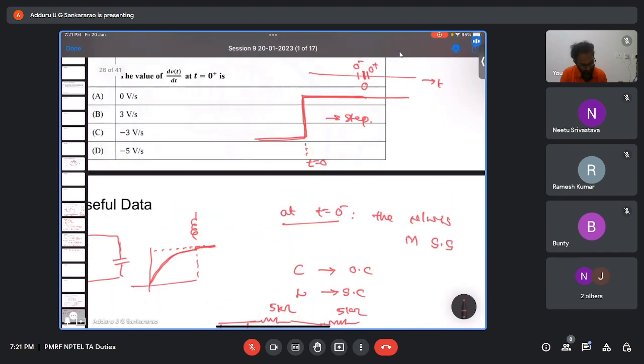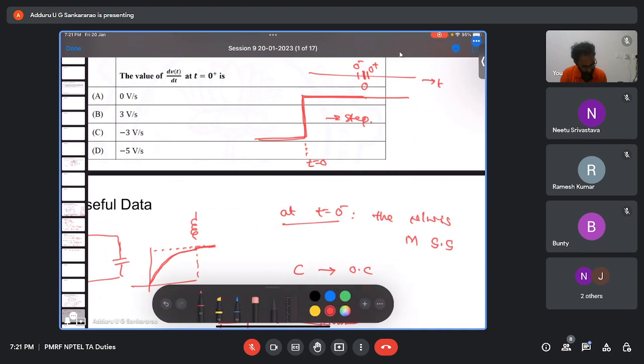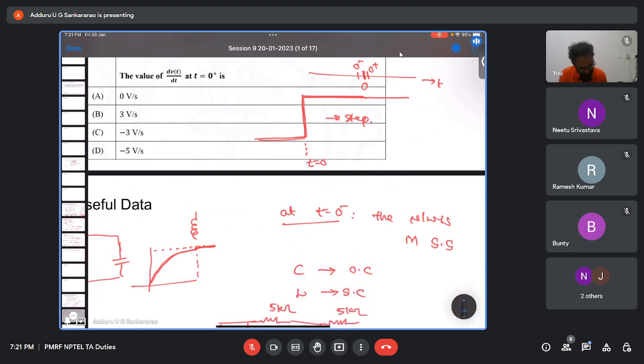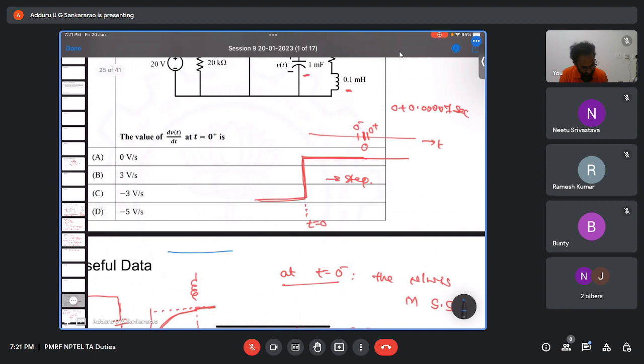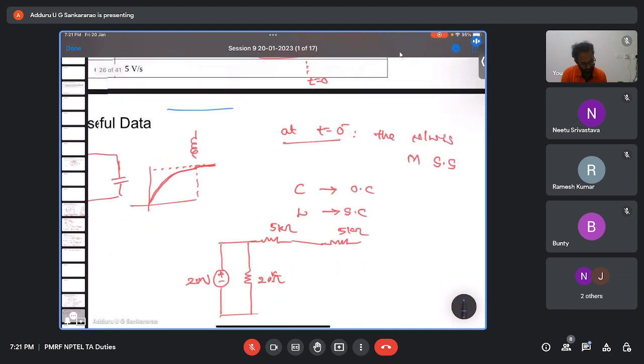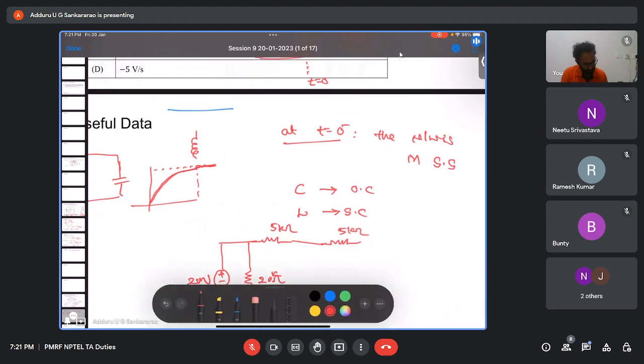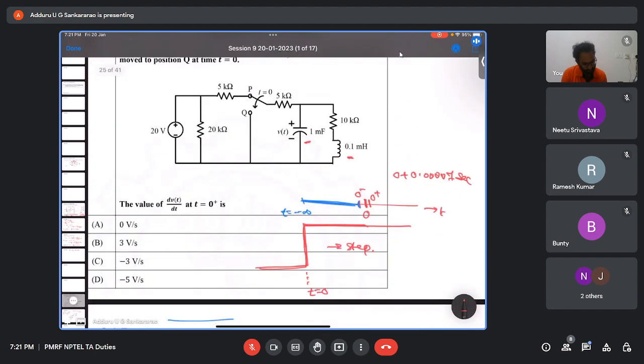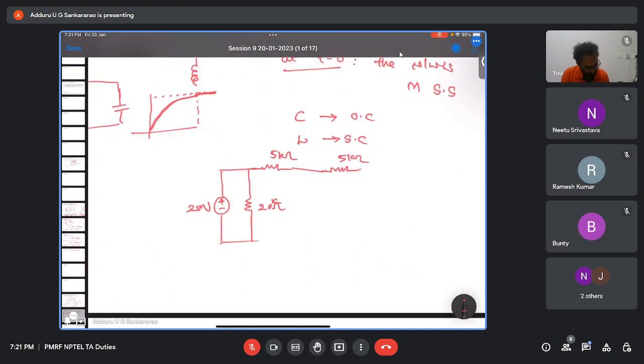So what they are telling is, if this is the time axis, somewhere here, t equal to minus infinity, it is connected to the 20 volt source for a long time. t equal to 0 minus is nothing but steady state for a long time. So the network is in steady state. Now the capacitor here is open circuit.